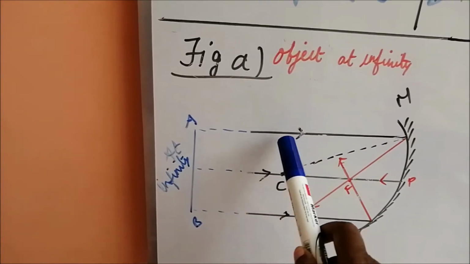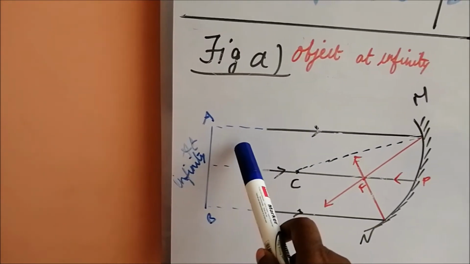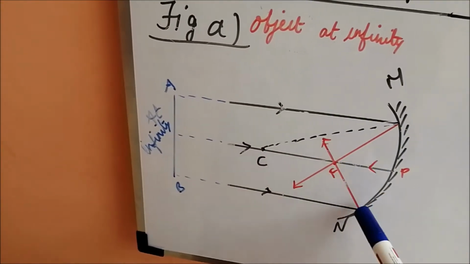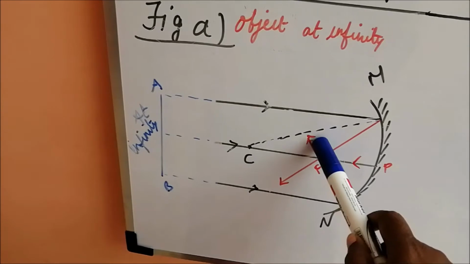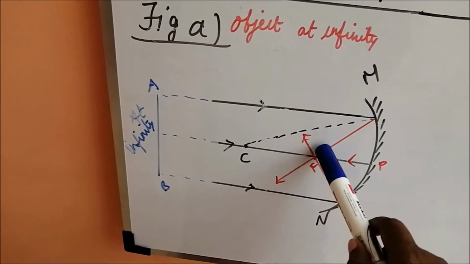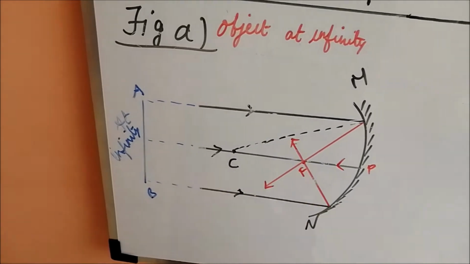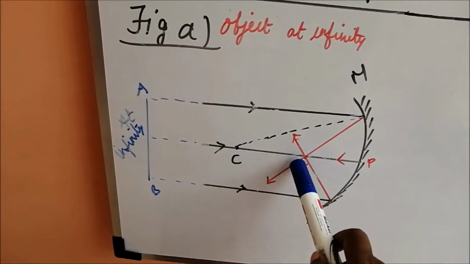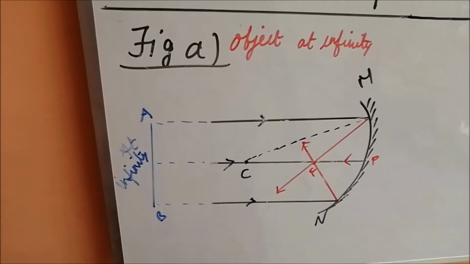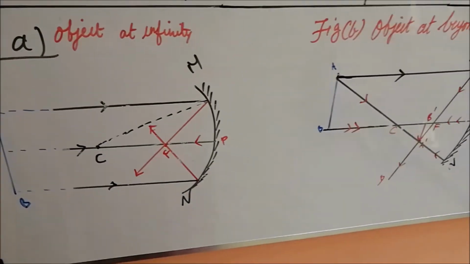These are the rays which come from the object, and these are the rays which are getting reflected. So at the point F, both rays are getting intersected and the image is formed. So we are getting the image at the point F if the object is placed at infinity.